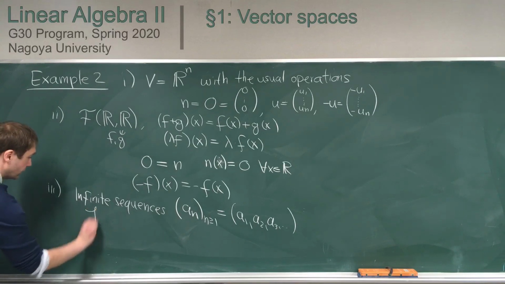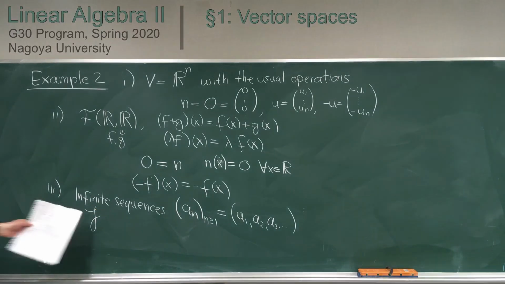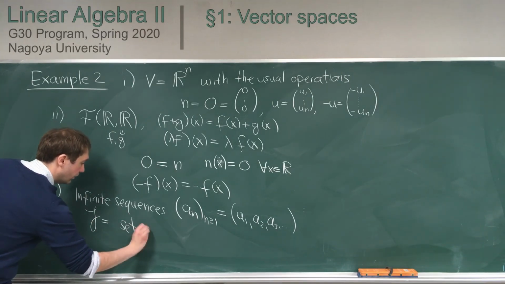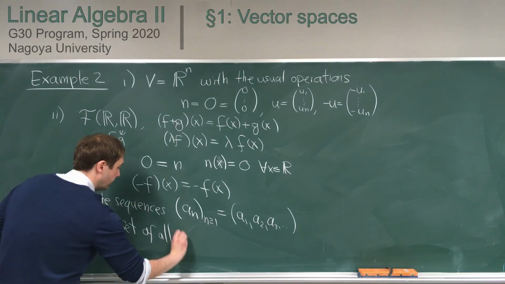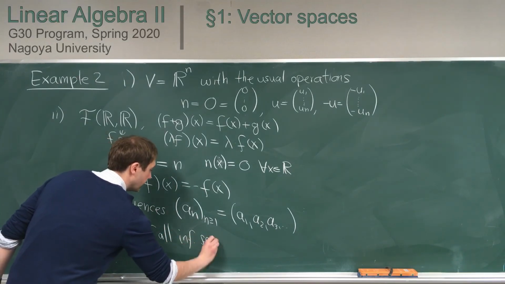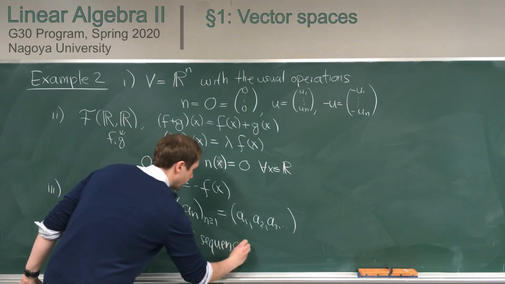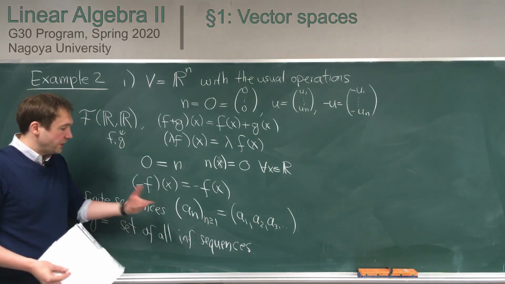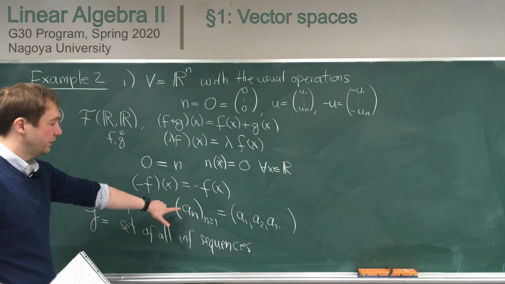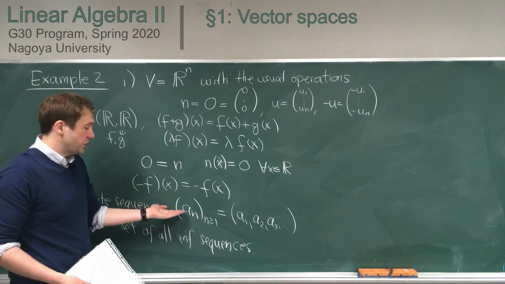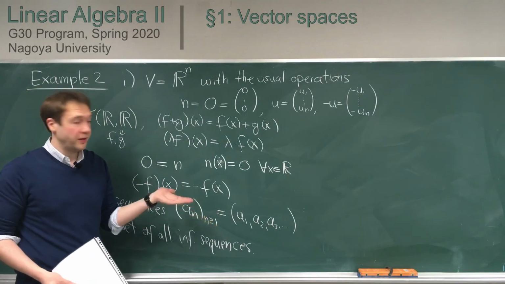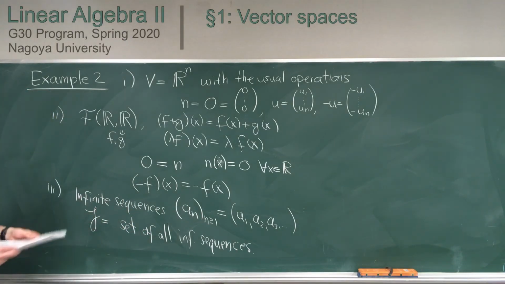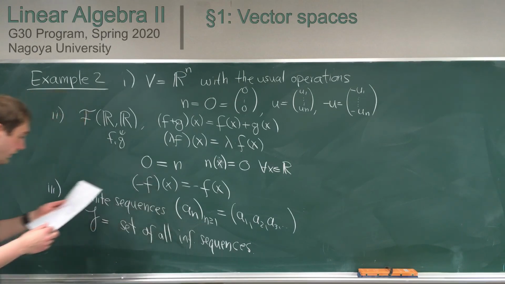This set I want to denote by capital I, the set of all infinite sequences. And there are special sequences. For example, in calculus you studied for which a_n the limit as n goes to infinity makes sense. This will be an example of a subspace of these sequences, which we'll do in the next lesson.